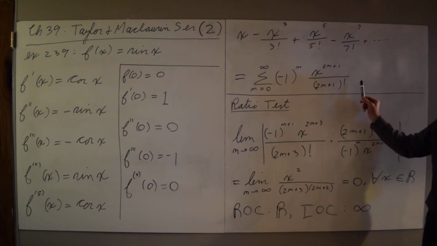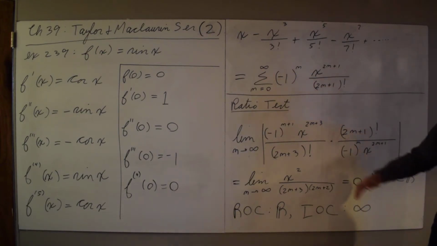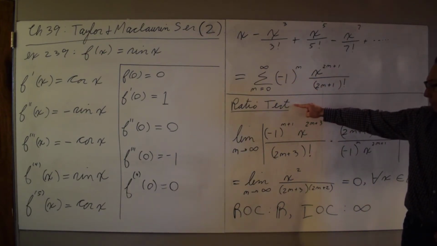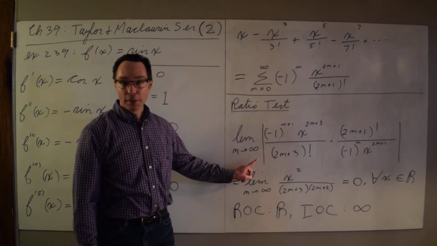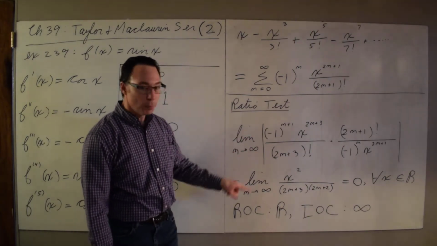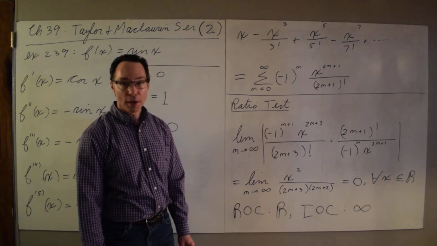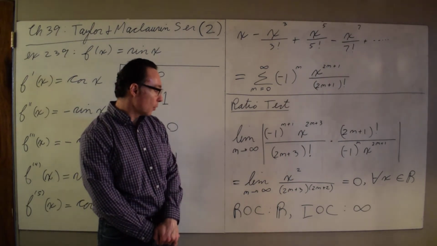And now we want to find the radius of convergence and the interval of convergence of this series. For that, we perform the ratio test. We take the limit as n goes to infinity of the (n plus 1)th term of the sequence divided by the nth term, or in this case multiplied by the reciprocal of the nth term.